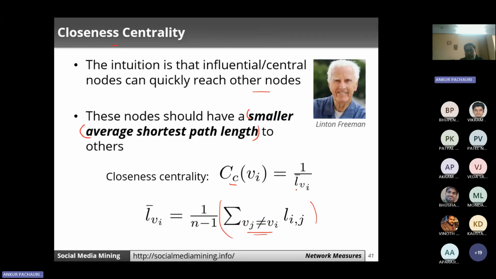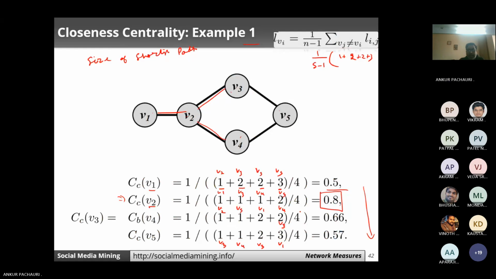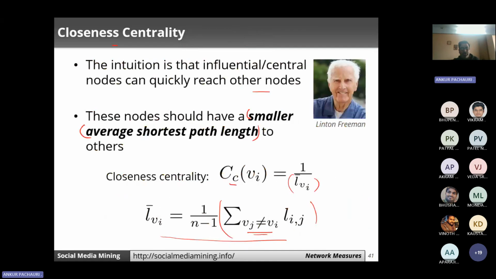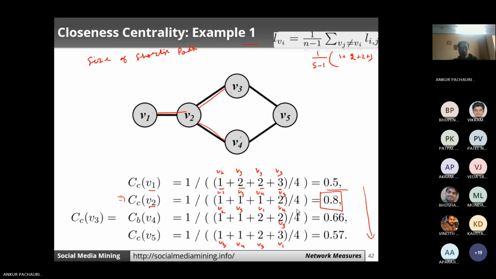Closeness centrality is 1 by L. So if you are close, you are lying towards the center of the graph, which means you are very close.